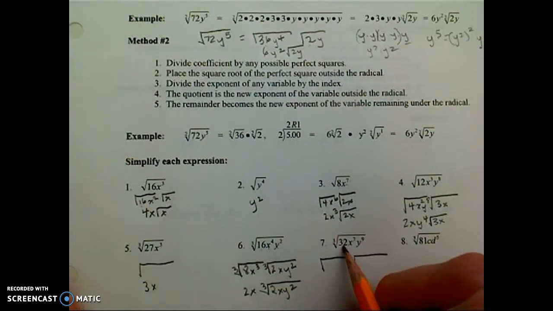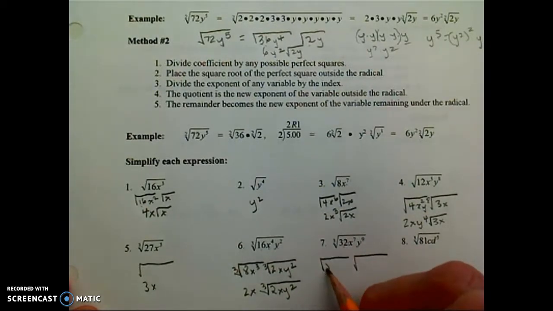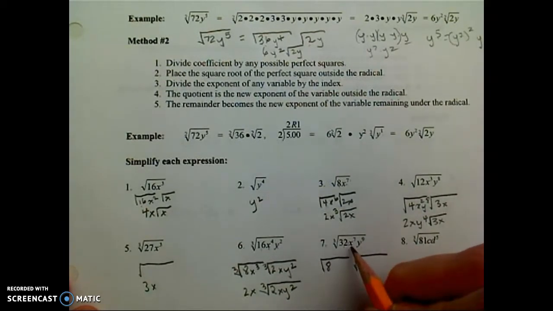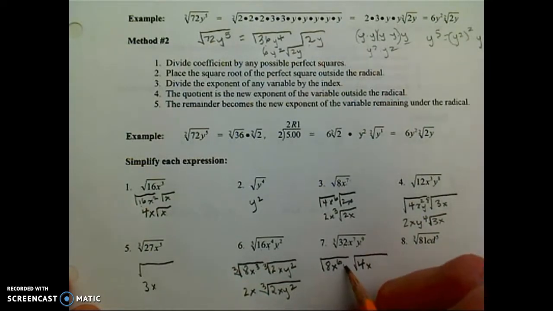32. So 8 is a factor of 32. If I think about my next cube root, 3 times 3 times 3 is 27. That won't work. So I have 8 times 4. X to the 7th. So I'm looking for groups of 3. X to the 6th, with 1 copy of x left over. And y to the 9th.